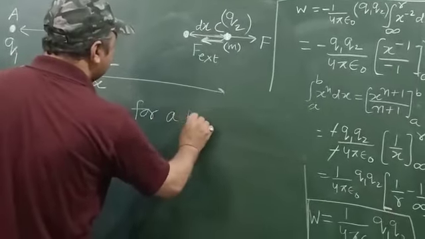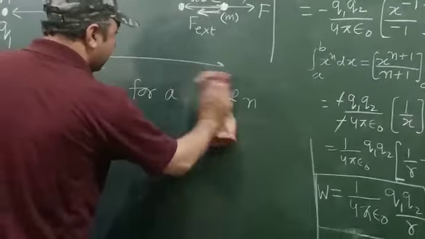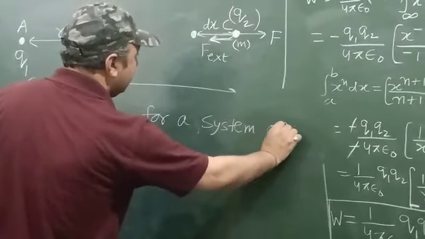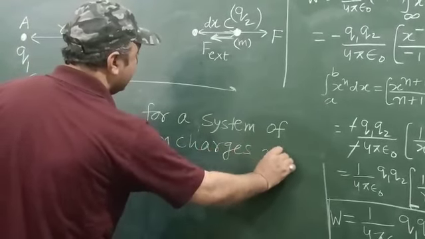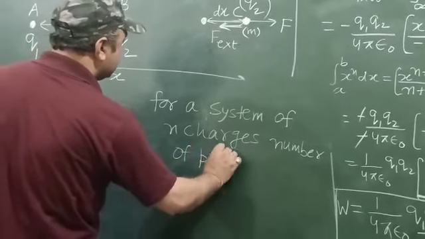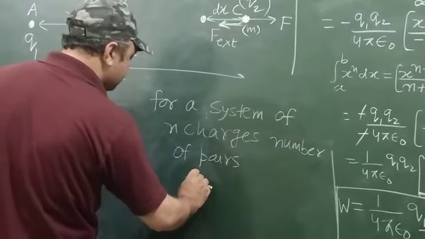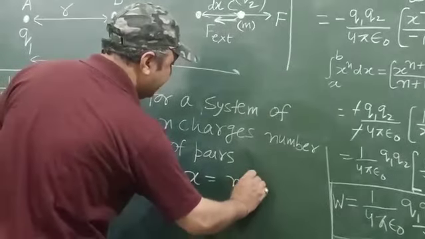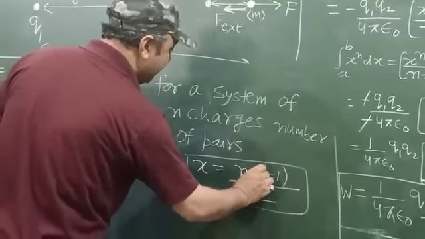For a system of n charges, number of pairs, say, let me call it x, will be equal to n into n minus 1 by 2.